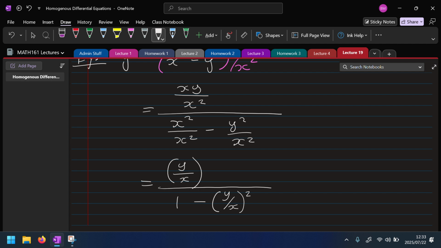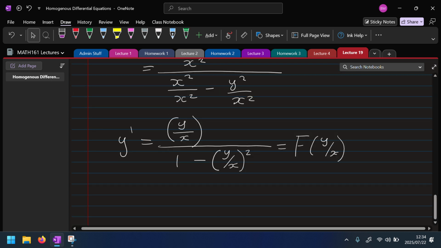Okay, and now this is in the form that we want. So we have y prime is equal to all of this, and this is what we can write as capital F of y over x. So when we do that substitution with u, the top will be u and the bottom will be 1 minus u squared.